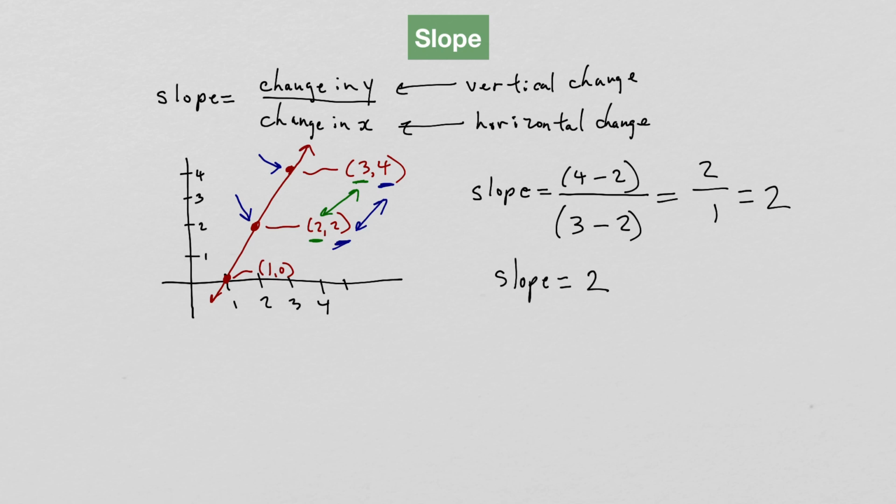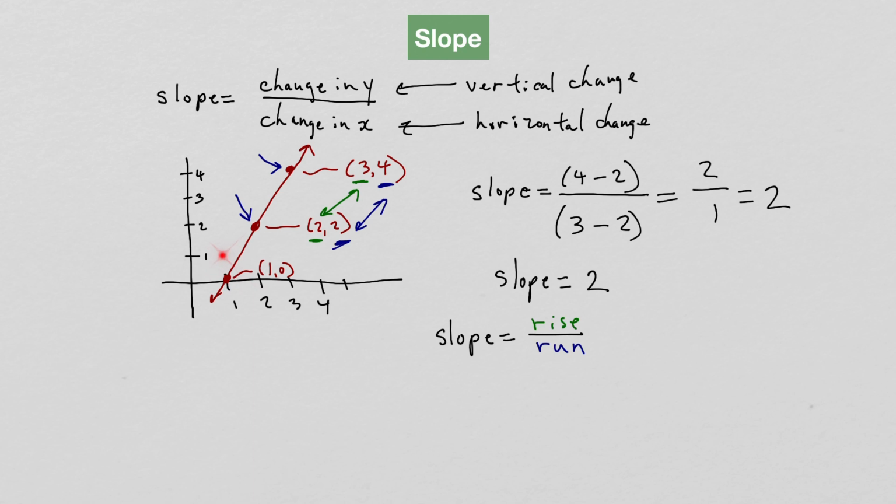Slope is also defined by what's called rise over run. I'm going to do this in green here. Okay, so if we were to start from 1, 0, right here, we would rise to get to the next point, 2, 2.